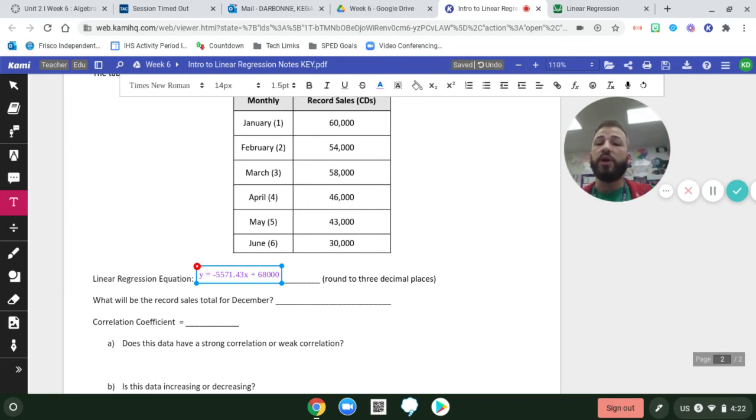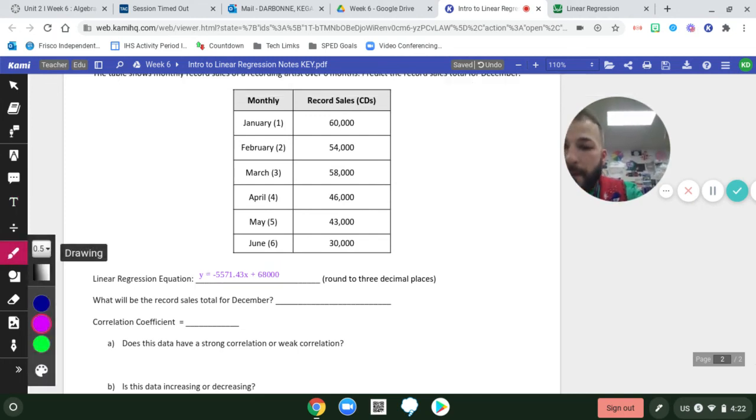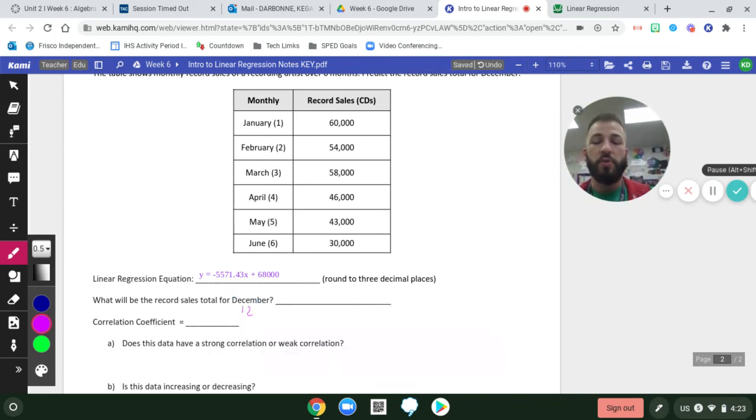All right, what will be the record sales total for December? Okay, so December would be month 12. So all we're going to do is take this equation and replace x with 12.